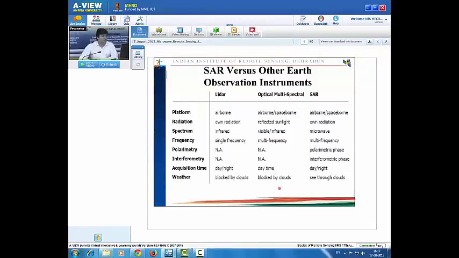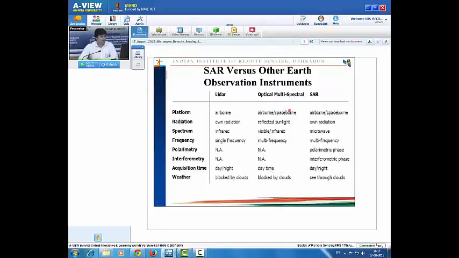We have seen the advantages and disadvantages of different remote sensing techniques. Since our eyes are sensitive to the visible region, this particular wavelength region for multispectral is very good for visualization. No one can replace optical multispectral for visualization.